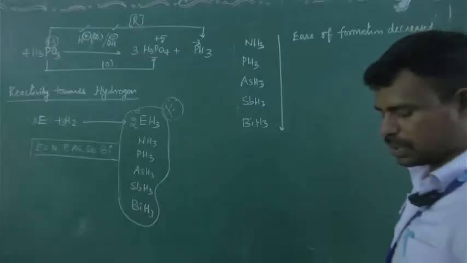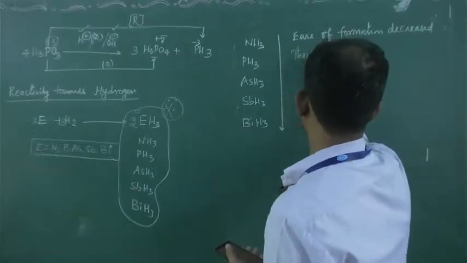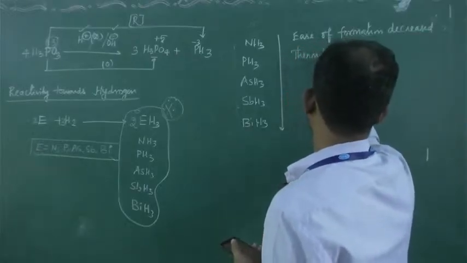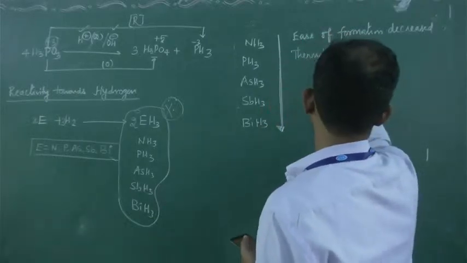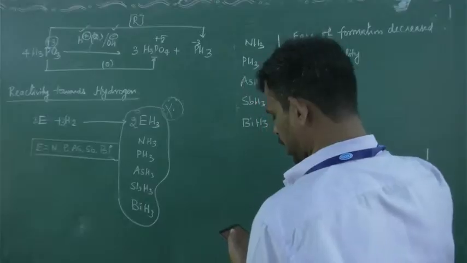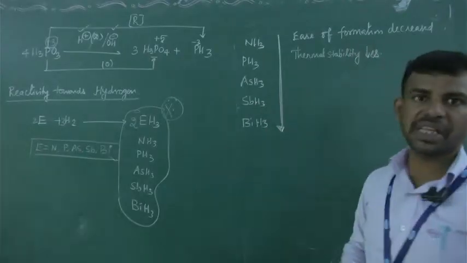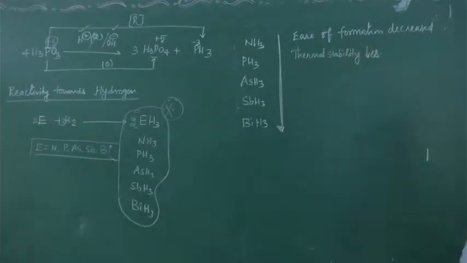Down the group, the second property is thermal stability. I am talking about down the group. Thermal stability decreases. Which is thermally more stable? Ammonia. Now how do we arrange the stability order?